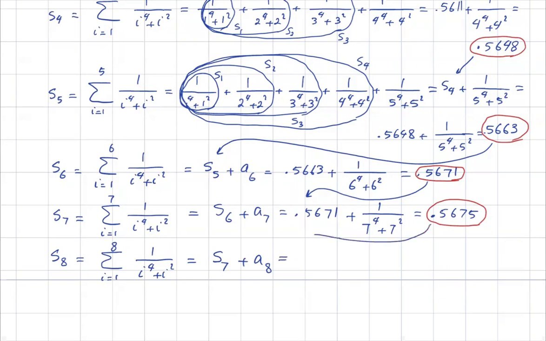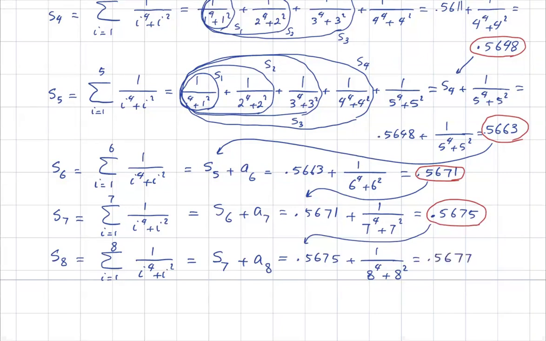Very good. Let's use this number, 0.5675, plus 1 divided by 8 to the 4th plus 8 squared. What does our calculator say about S8? S8 is going to be 0.5677.